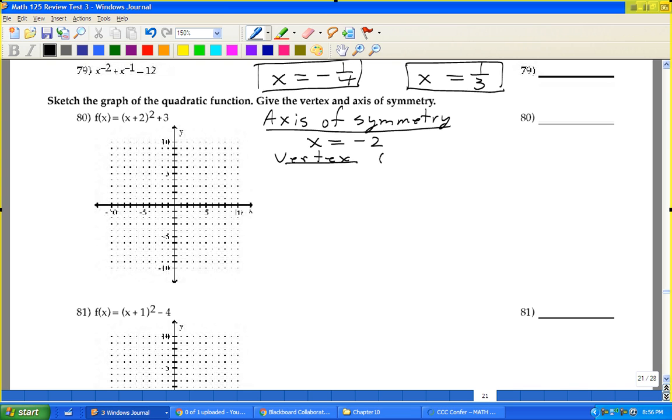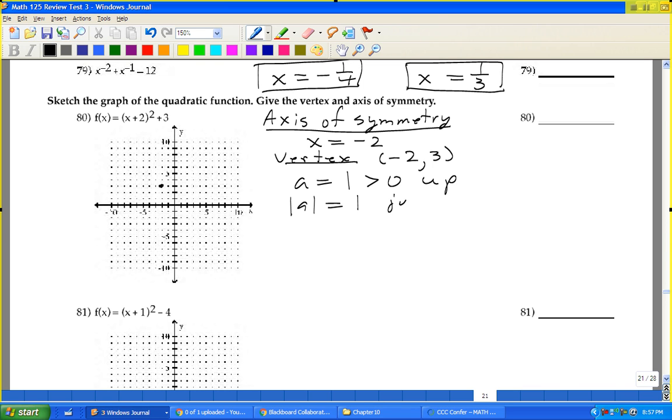Well, the vertex is going to have the same x coordinate, and the y coordinate is just going to be whatever number is here, 3. And let's sketch this. Well, the vertex is negative 2, positive 3. So that's my vertex. And it is going upwards, and it has the same shape as the graph of y equal x squared.